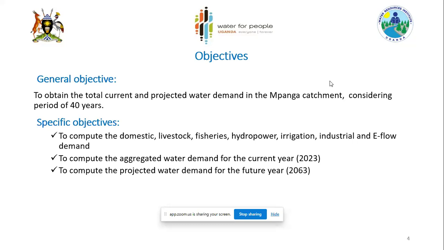One, to compute the domestic, livestock, fisheries, hydropower, irrigation, industrial, and inflow demand. And having computed this, we aggregated the water demand for the current year, which considered 2023. And with this, we're able to project the water demand for the future year, which is 2063, 40 years from the current year.